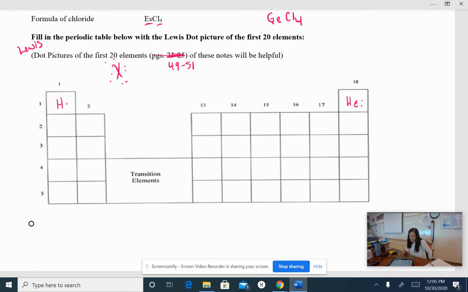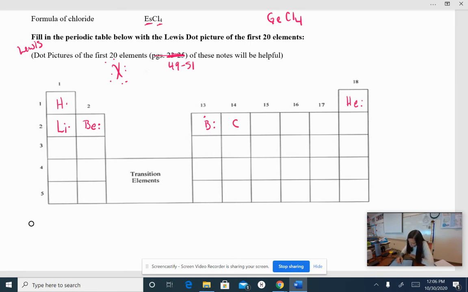Okay, are we ready to check what you did? The next one, we have lithium. We will have 1 dot, right? We will have beryllium with 2 dots. We will have boron with 3 dots.